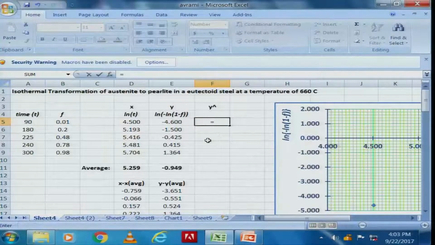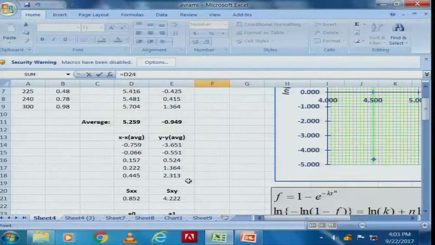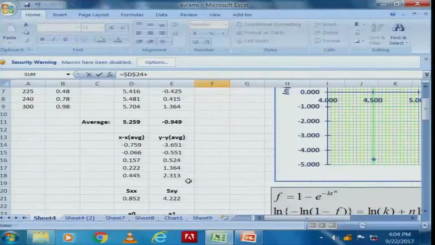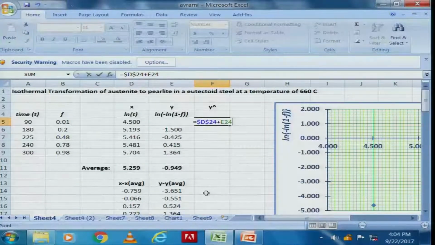For the first value, I will choose the cell D24 and anchor it, plus A1, which is in E24, anchor this as well, multiplied by the corresponding x value which is in cell D5.